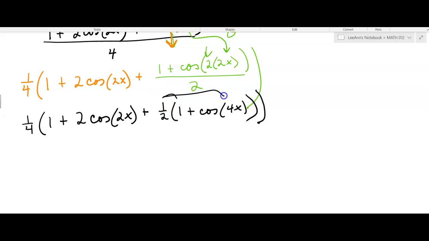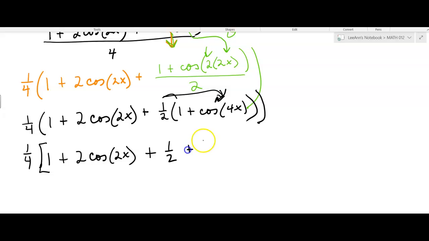Let's distribute this first. Leave the 1/4. I'm going to bring in a bracket. So 1 plus 2 cosine 2x plus, and then I'm going to have 1/2 plus 1/2 cosine 4x. So it's looking a little better.